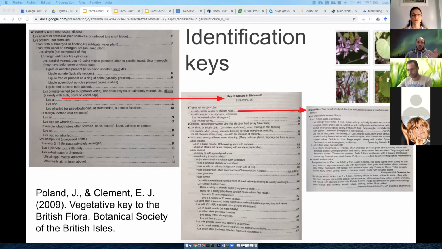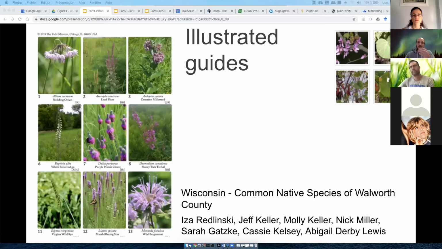And so, as we can see, it is not adapted for young people who don't know plant morphology and terminology yet. Another type of field identification tool is the illustrated guide. These are based on pictures or drawings, which allow the user to compare the plant in front of them and the species illustrated in the guide.